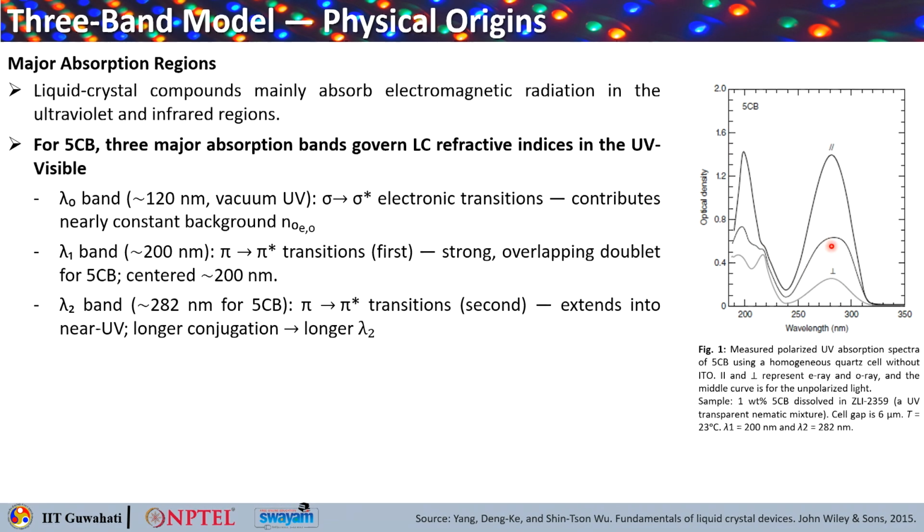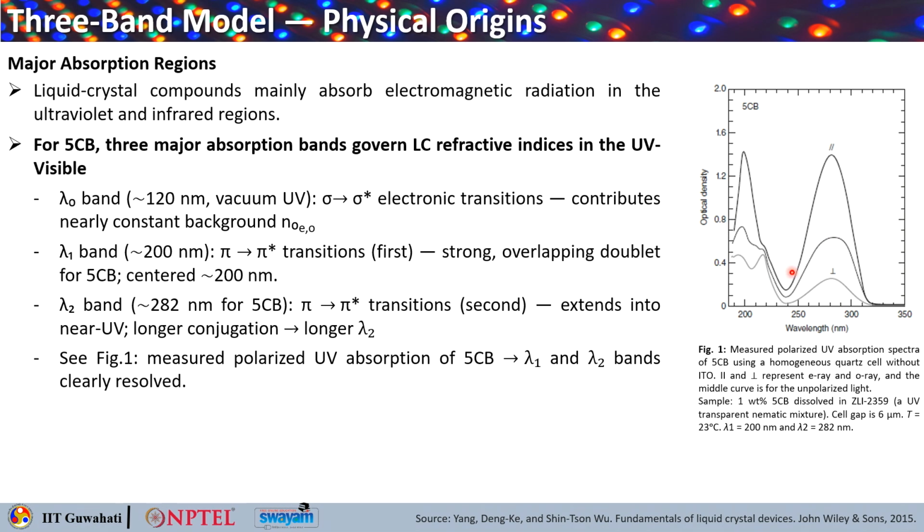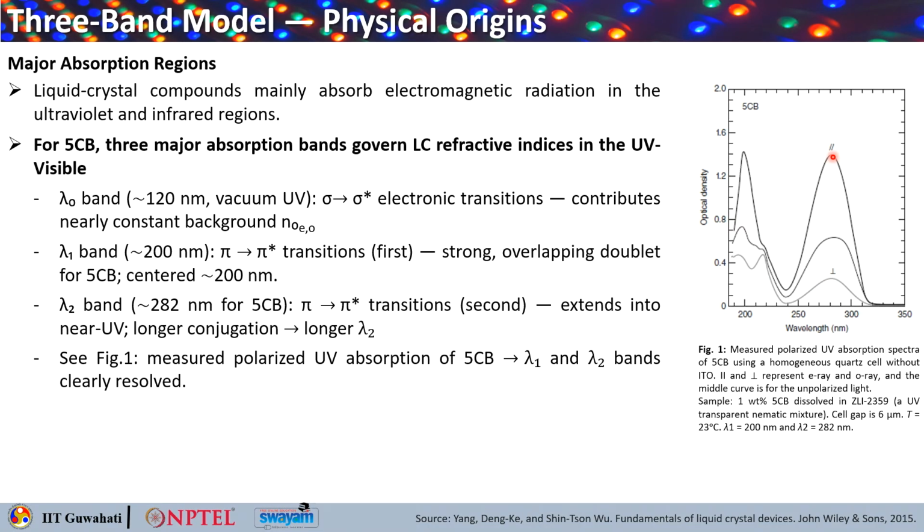So here you can see the measured UV absorption. Okay, and these lambda 1 and lambda 2 bands are clearly seen. So this is the measured UV polarization spectra of 5CB using a homogeneous quartz cell without ITO, and here you also see the parallel and the perpendicular, which basically tell you the E ray, extraordinary ray, and the O ray, ordinary ray, and the middle one is basically the unpolarized light.